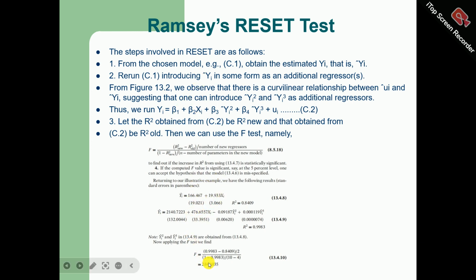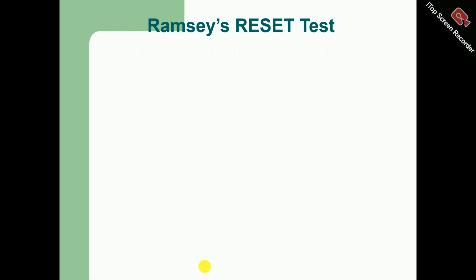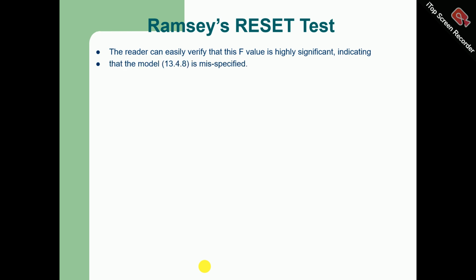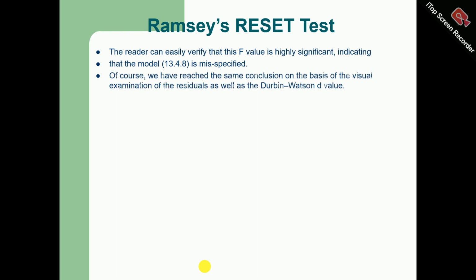Then finally the F test is equal to this, and it means that this is highly significant. So if this is highly significant, then what is the result? So we can verify that this F value is highly significant, and it indicates that the model is misspecified, that is, the linear model is misspecified.